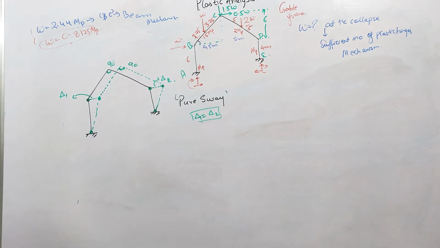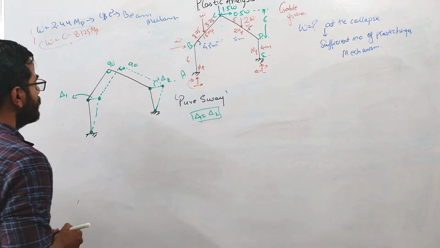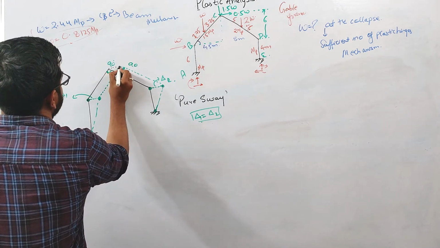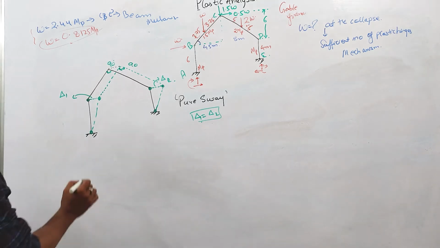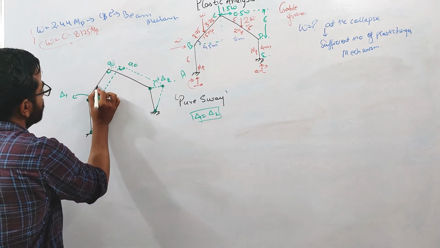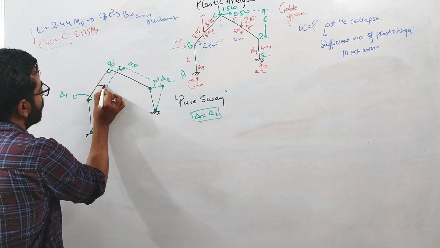So this will be our case. Okay. So you can see that this deflection will be equal to this deflection. All these joints are moving perpendicular, and this portion is moving exactly horizontal.